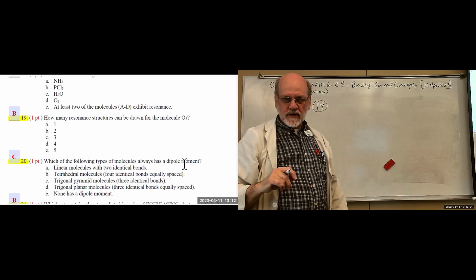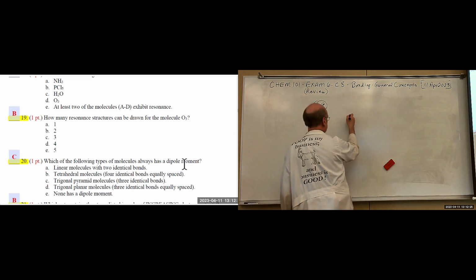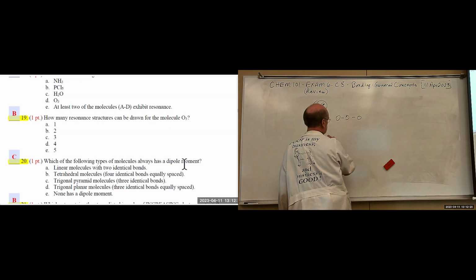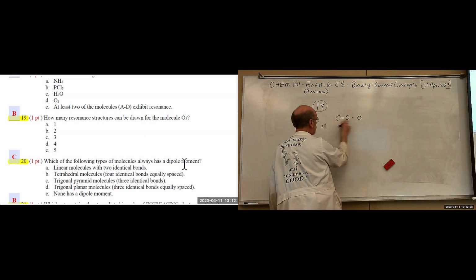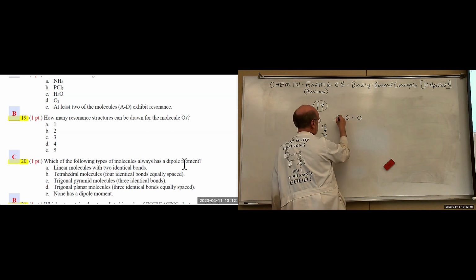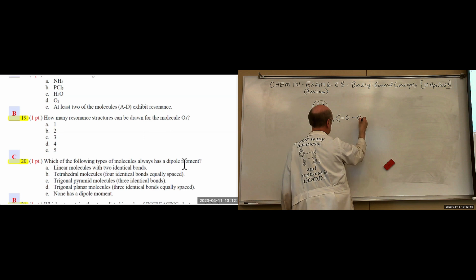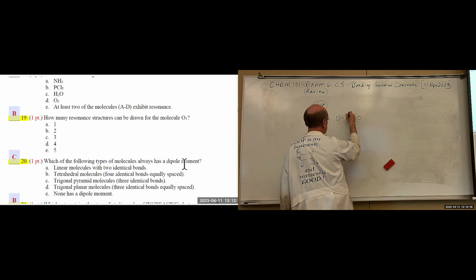How many resonance structures can be drawn for the molecule ozone? Okay, we did ozone just a minute ago. 2, 4, 6, 8, 10, 12, 14.